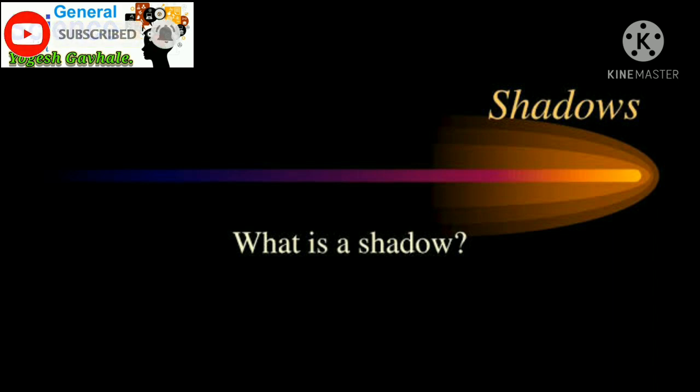So shadow is a dark patch or darkness behind the object. Do you know that the light rays come from the sun? So the sun is a source of light.